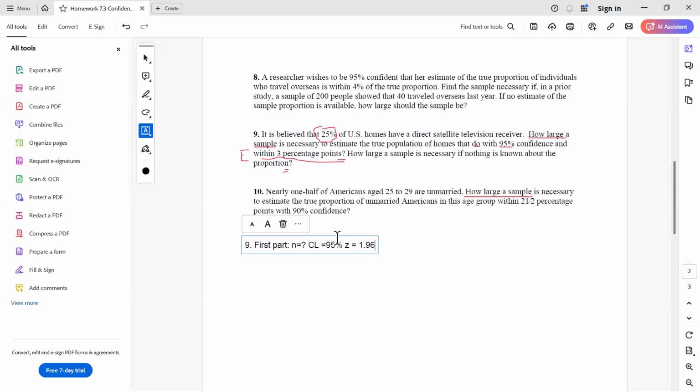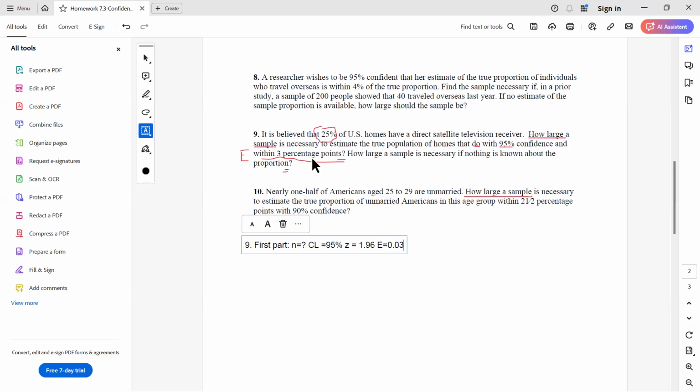Now it says within 3 percentage points. So my error here, now, sometimes people get this confused too, is you'll see them put 3 there for E. This is 3 percentage points. So your error here is 0.03. Make sure you use the decimal.